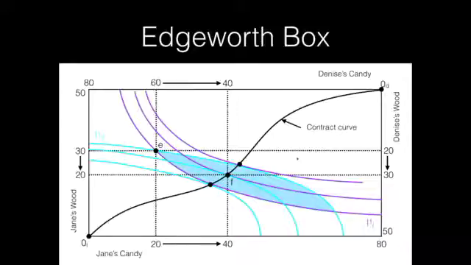And because, as I said, there's an indifference map, meaning there are infinite indifference curves, what this contract curve does is just map out all the allocations of wood and candy bars between Jane and Denise that maximize utility, i.e. that the indifference curves are tangent to one another.